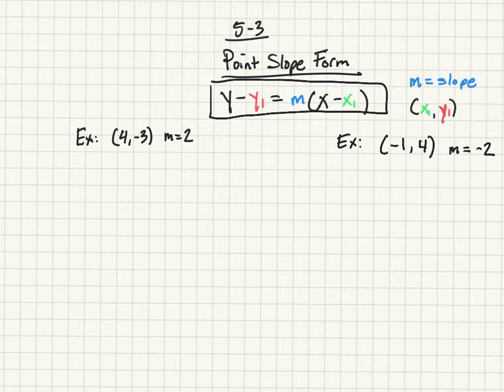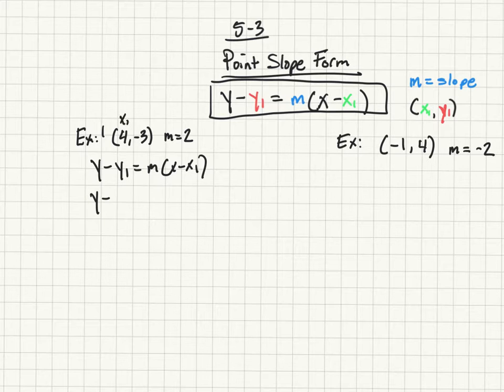All right. So here's example 1 here on the left. We're going to put this information into point slope form. So here's our formula. The first y stays y, and then minus our y1.